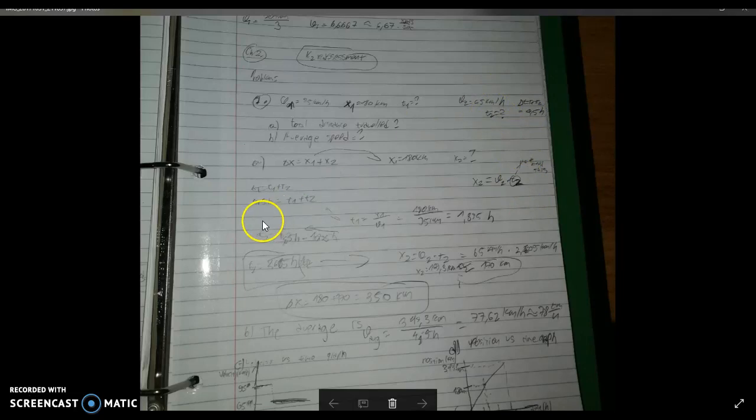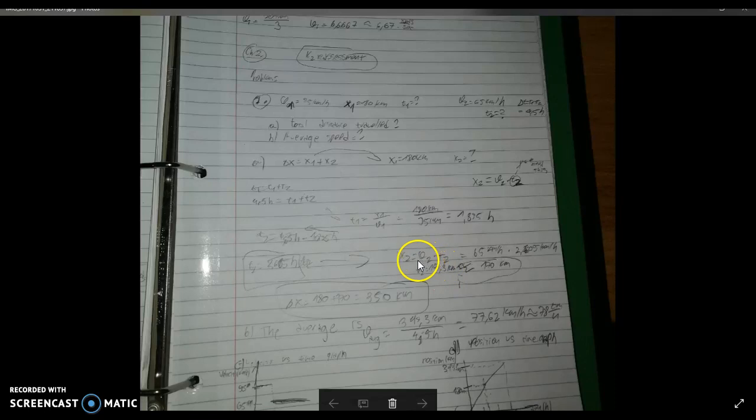I figured out that since the total travel time was 4.5 hours, that is equal to t1, which is for this velocity and this travel distance, plus t2. From here, I calculated t1, which is 1.895 hours, and afterwards from this equation I calculated t2, which is equal to 2.605.